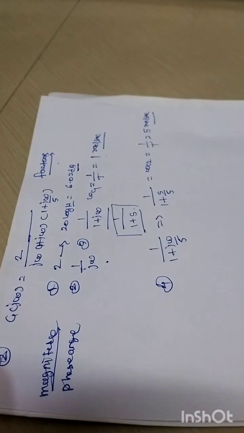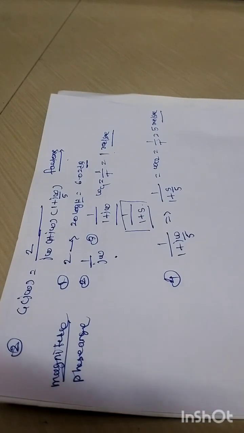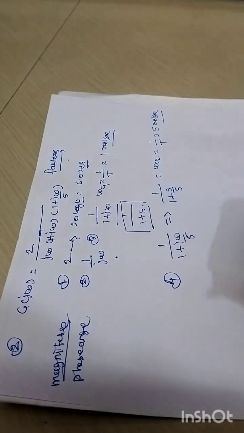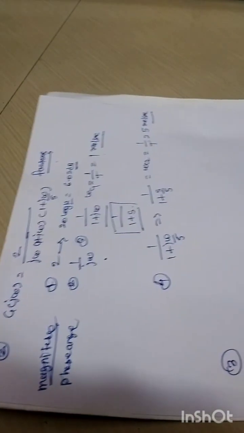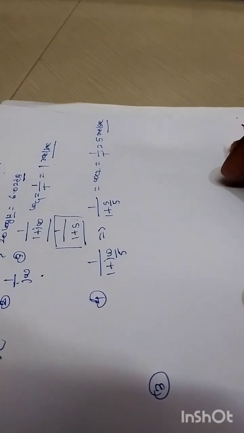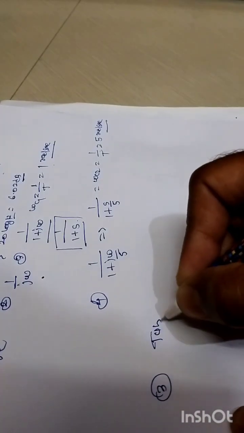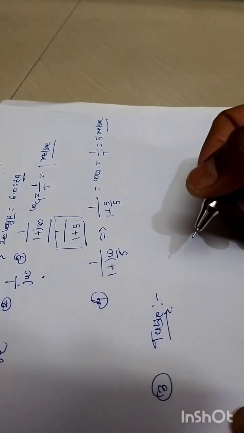Then the most important part of this Bode plot calculation as far as the magnitude plot is concerned is the third step, right? In that third step, we need to prepare one kind of table to determine or to plot the magnitude plot.